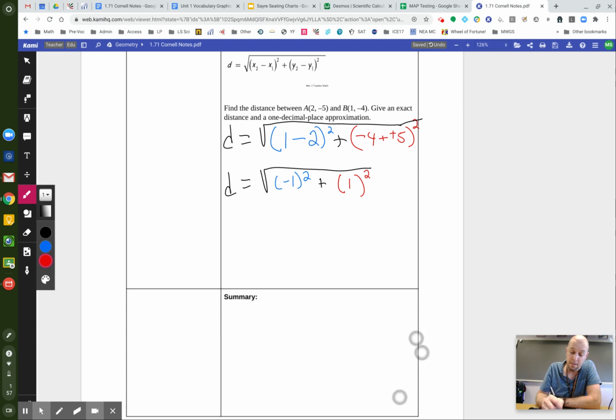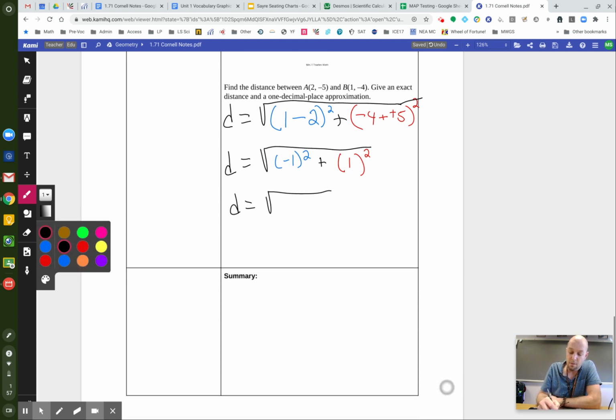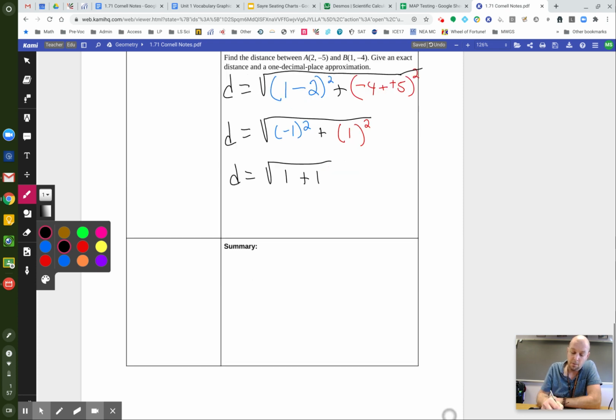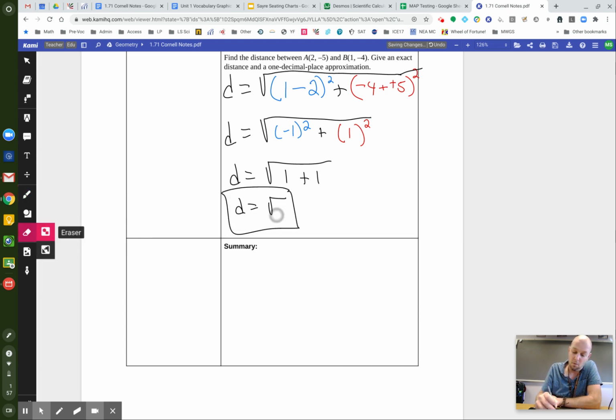And so I'm going to square both those things. So d equals the square root of negative 1 squared, which is 1, plus 1. That means d equals the square root of 2. And that is a fine answer, or is that an okay answer for what we're doing?